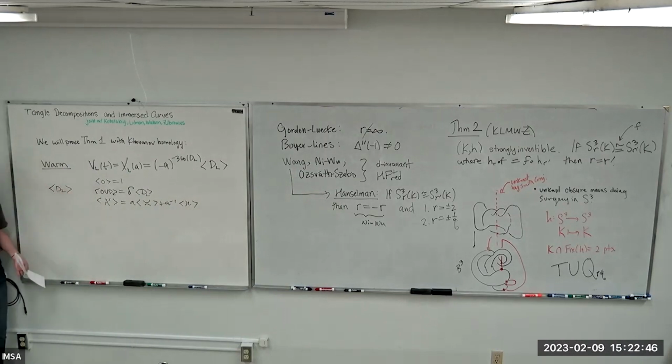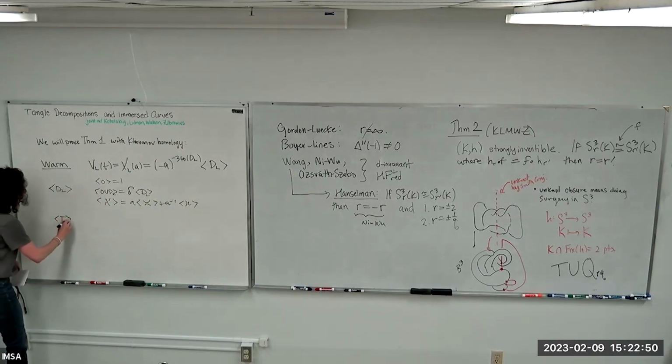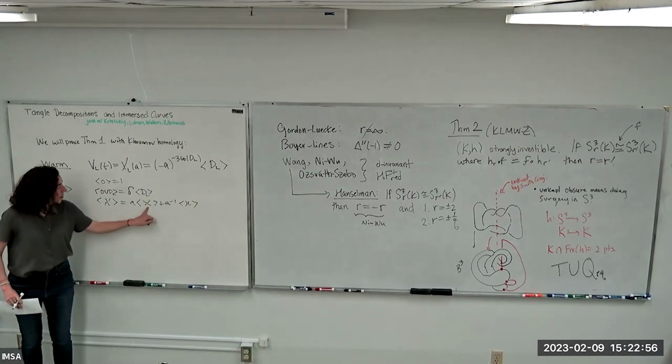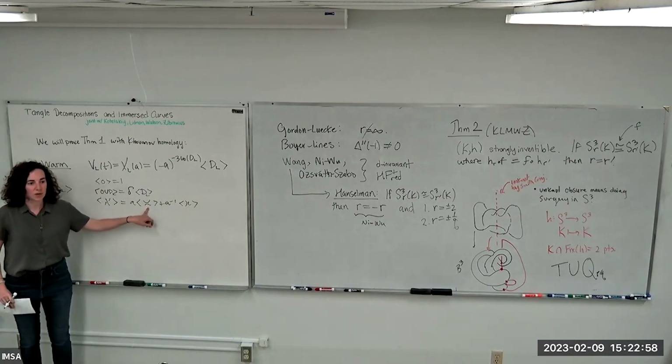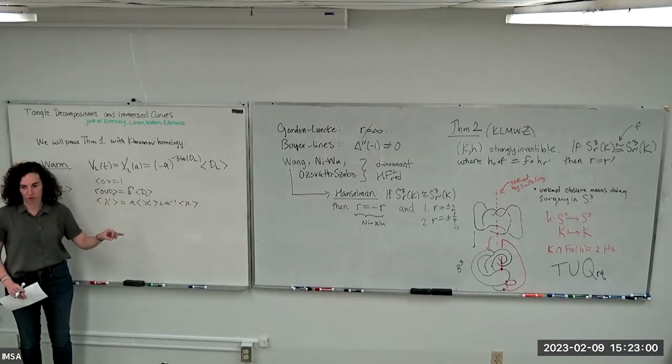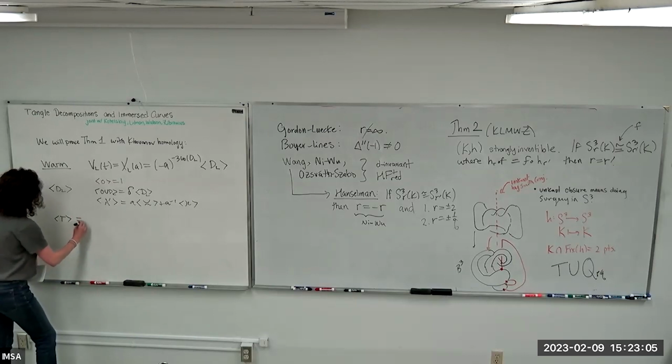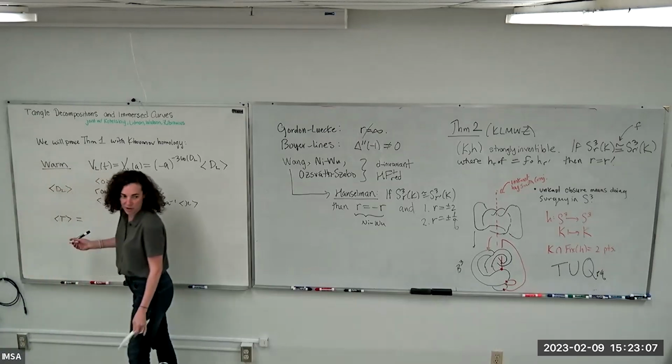Okay, but you can also do this for tangles as well. When you do this for tangles, you apply the same axioms, but after doing a bunch of resolutions, you have these crossingless tangles that you don't turn into closed circles. And so what you end up with instead is an expression associated to T that I'll write in vector form.